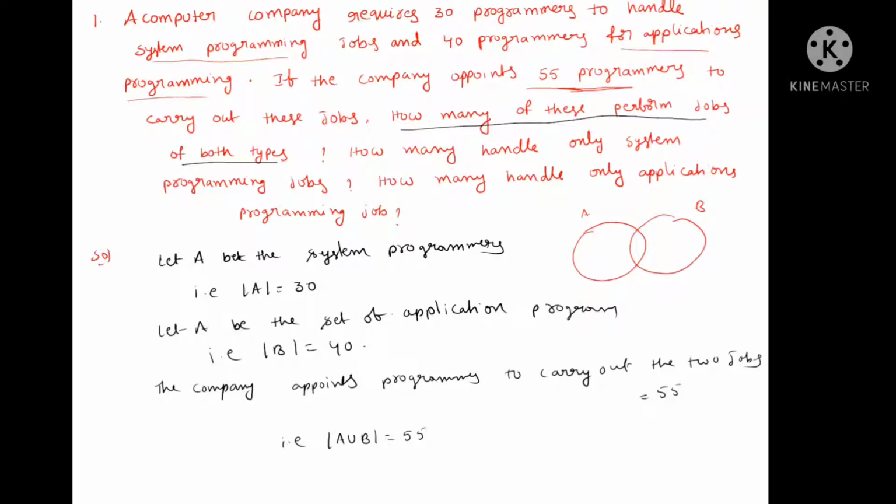Both the types means that the person can handle A as well as B. So the first answer: how many of these perform jobs of both the types? That is mod A intersection B, which we have to calculate.